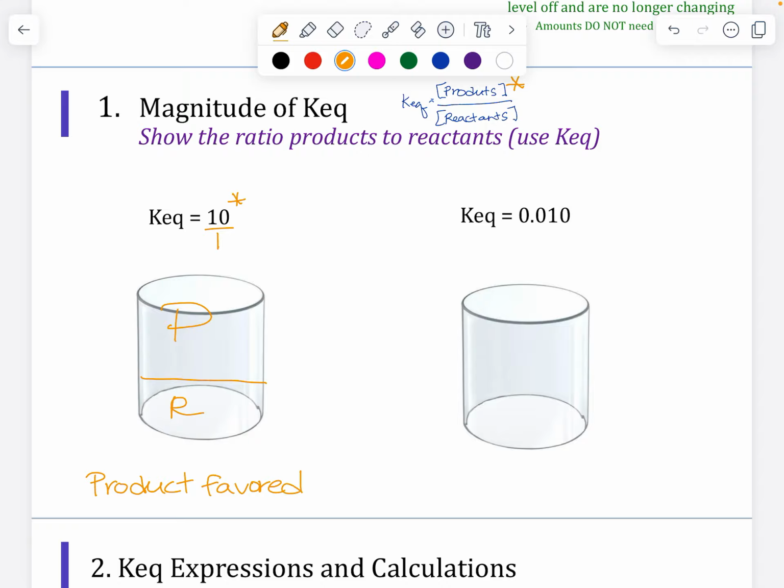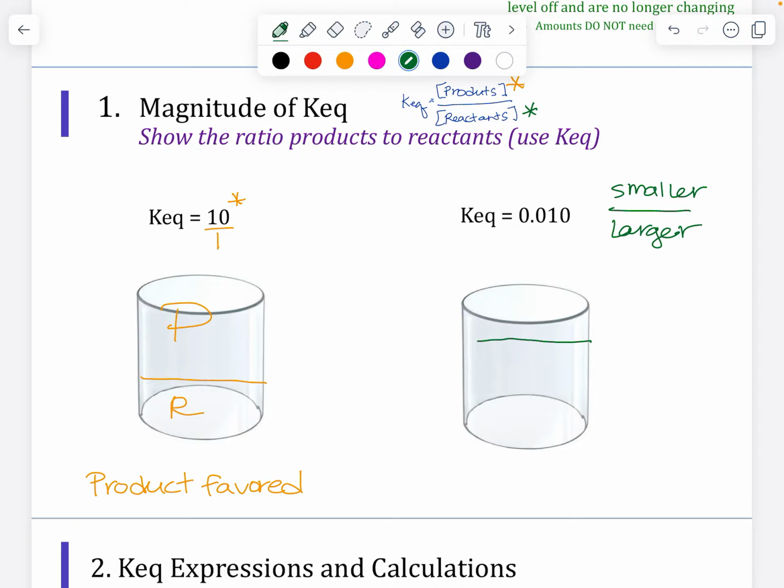If we have a KEQ of less than 1, then whatever was on the top is smaller because we're dividing by a larger number, meaning whatever's on the bottom, which would be our reactants, is going to be favored.